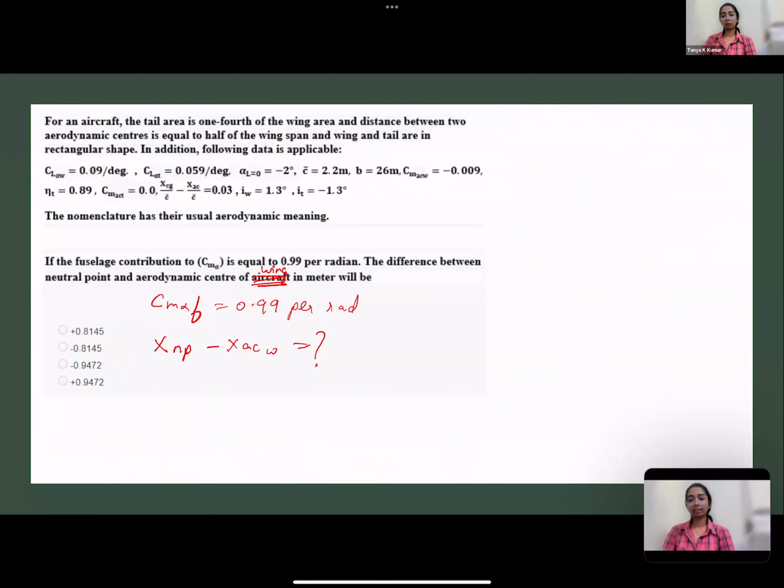Read the question and think about how you will solve this. Note that they've given you the CM alpha contribution of the fuselage also. So here the fuselage is stabilizing or destabilizing? Destabilizing, correct. Okay, now let's think about how you will proceed with this question.